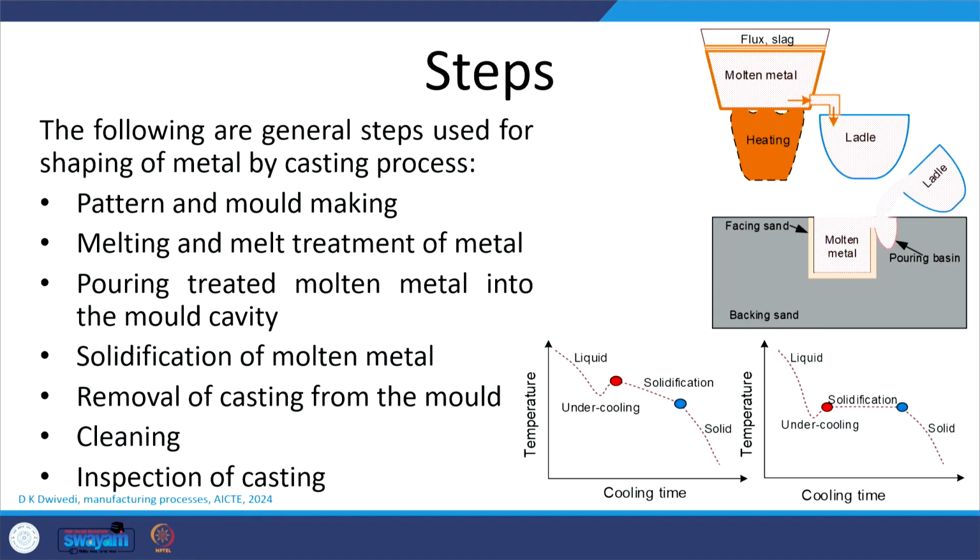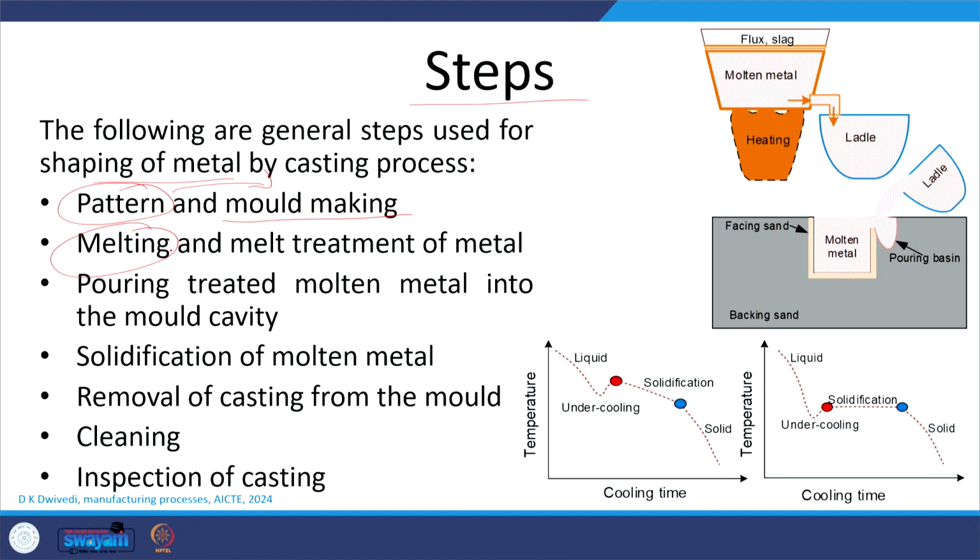Okay. So, the following are the general steps which are used in casting for shaping the metal by casting process. First, making the pattern, then the pattern will be used for making the mold, and once the mold is ready, the desired raw material is melted with the other alloying elements, master alloys, pure metal, so that the molten metal of the desired composition is realized.